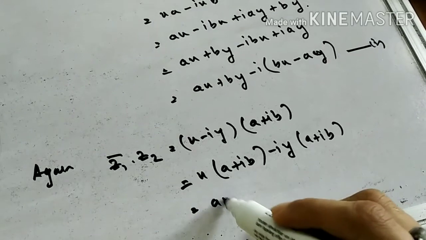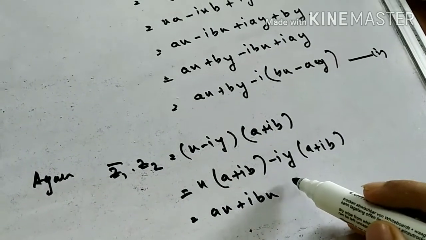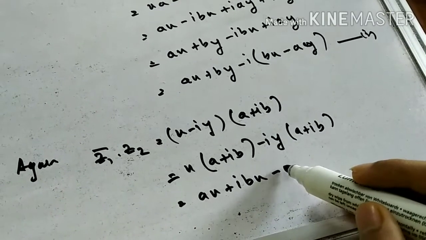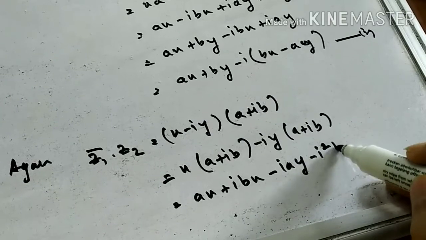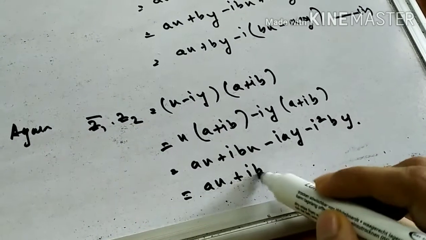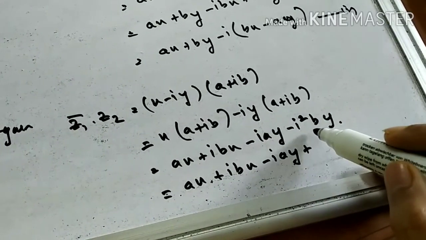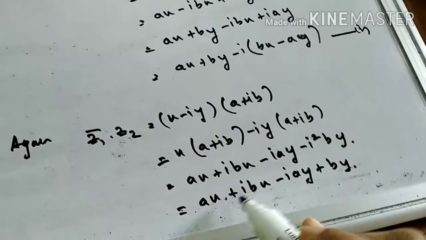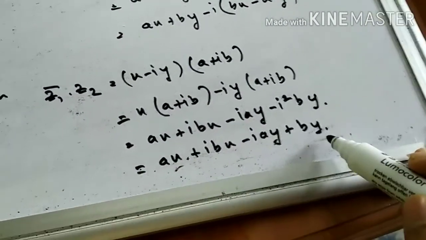So this becomes ax plus ibx minus iay minus i square by, which becomes plus by.